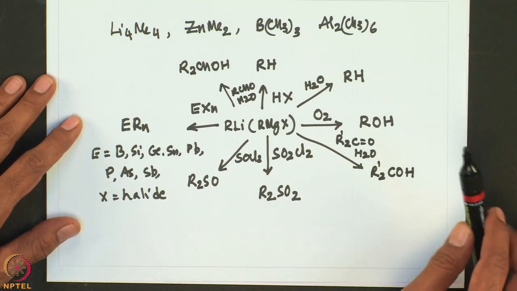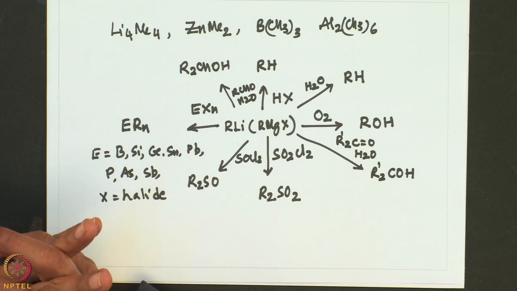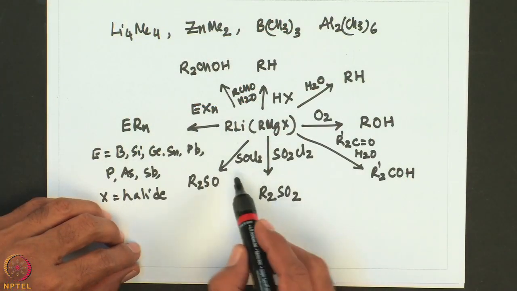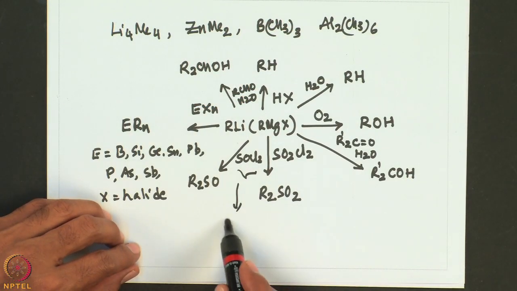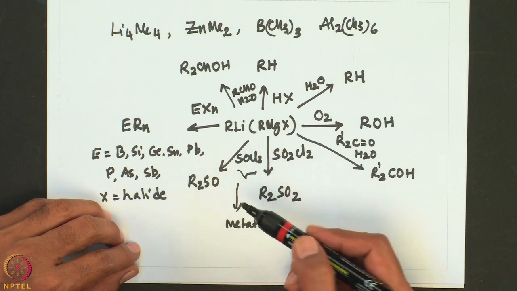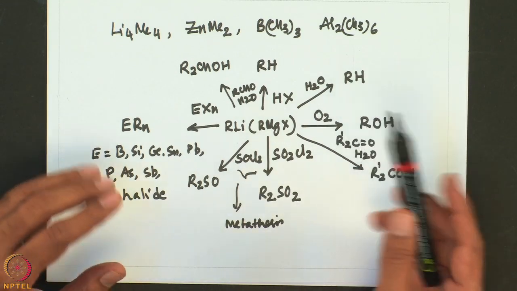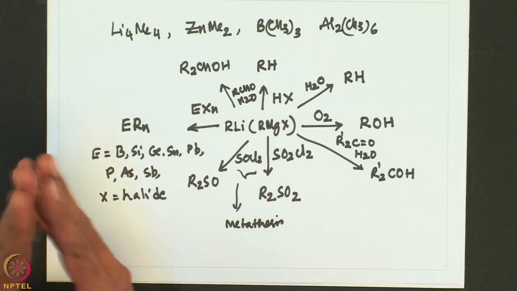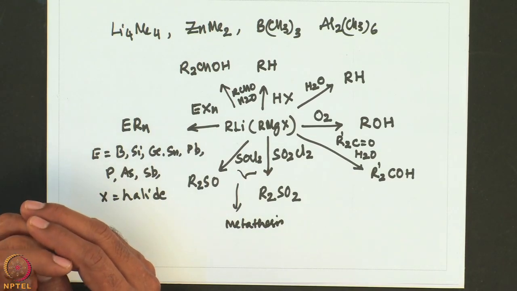So, these are some of the reactions. These are all very important reactions in organic synthesis to generate a variety of useful compounds. These two reactions are essentially called metathesis reactions. And this is an oxidation reaction, this is a hydrolysis reaction, and one can use several other reactions, and they come very handy in synthetic organic chemistry and also in inorganic chemistry.